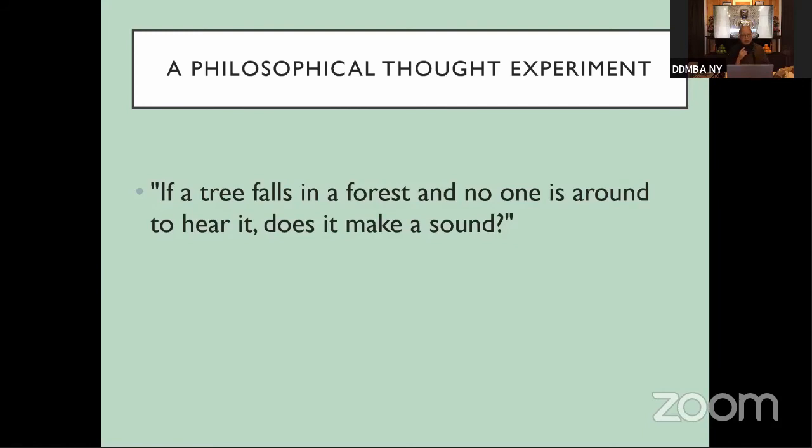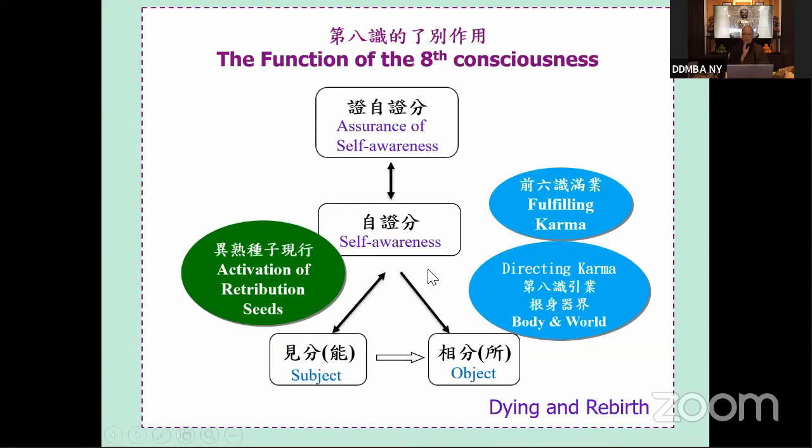Yogacara talks about it in more detail, not through the brain. If we just talk about the brain, it will be just like materialism. Yogacara talks about mind. Everything is manifest in the mind.